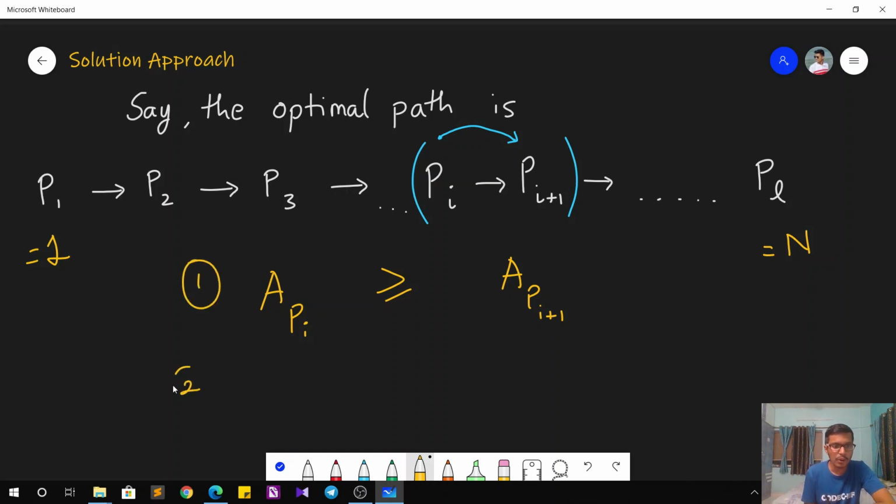The second thing is that for all the indices that lie in between, their heights are going to be less than or equal to A of Pi+1.